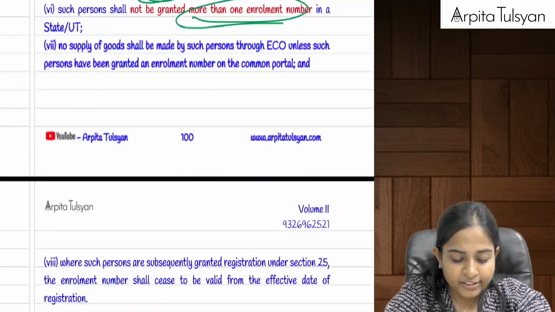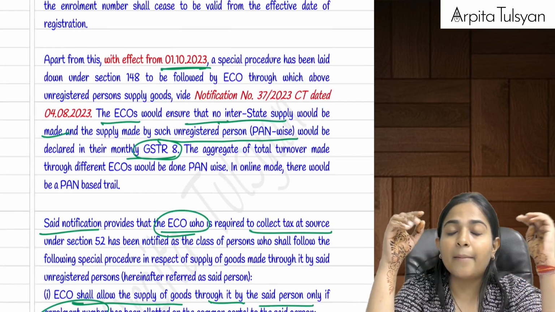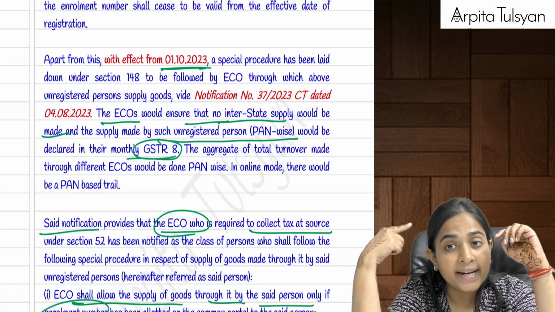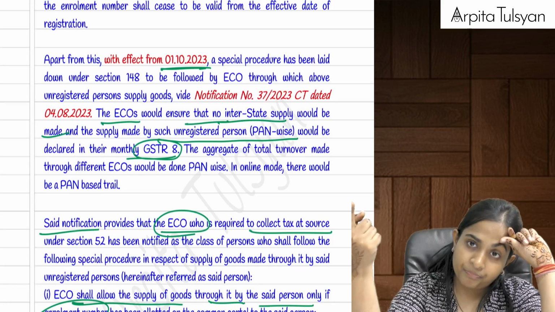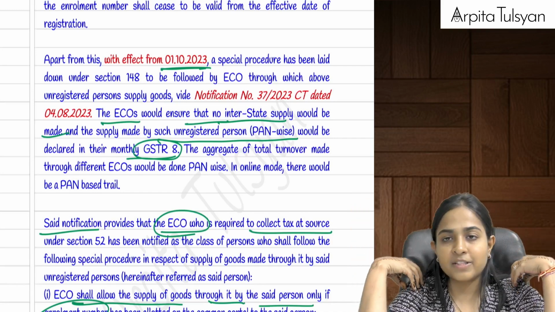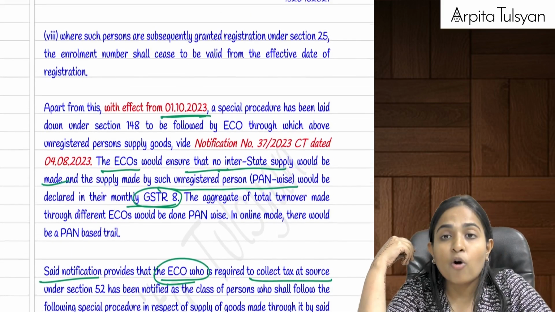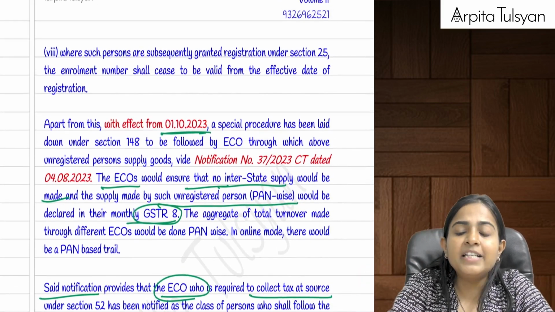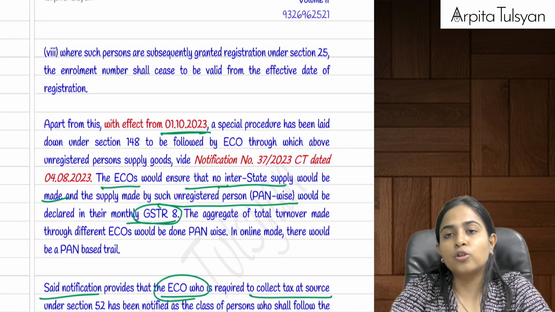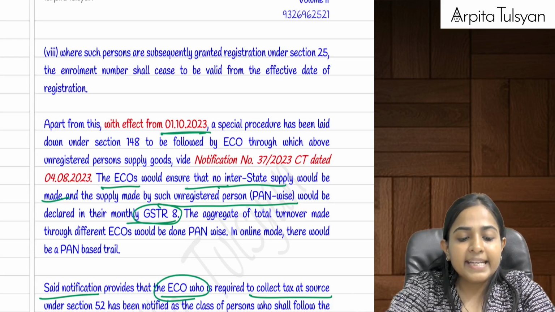Right? And one more extra point given in the amendment: even the persons who are registered under the composition scheme can now start providing goods through ECO. If such persons under composition are providing goods through e-commerce operators, then again the responsibility will come on the e-commerce operator.